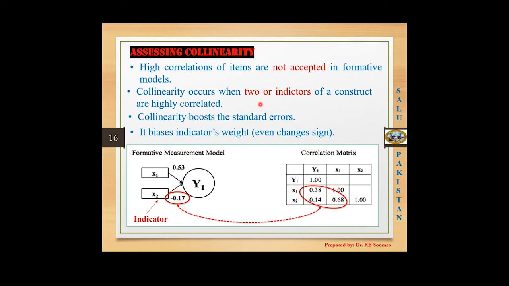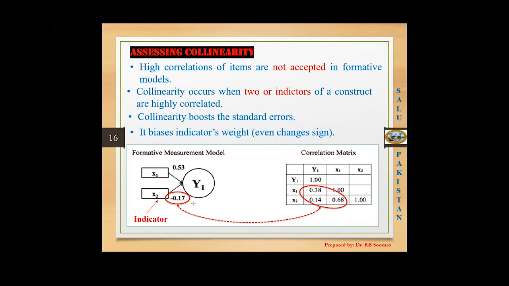In the case of the formative, we use weights; in the case of the reflective, we use loadings. So it biases the indicator weights, and even the sign can change. It was positive, and now its sign has changed and become negative. So these are the consequences of high correlation, or multicollinearity, between two indicators of the formative model.